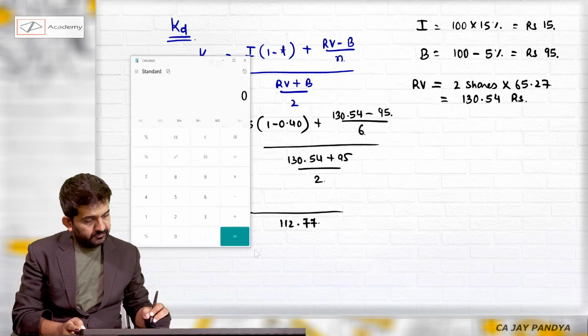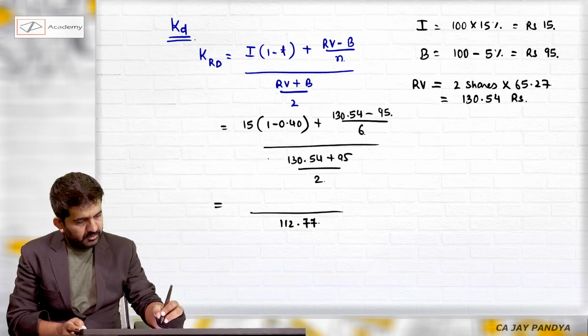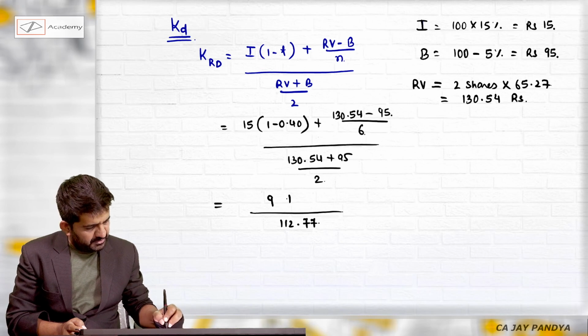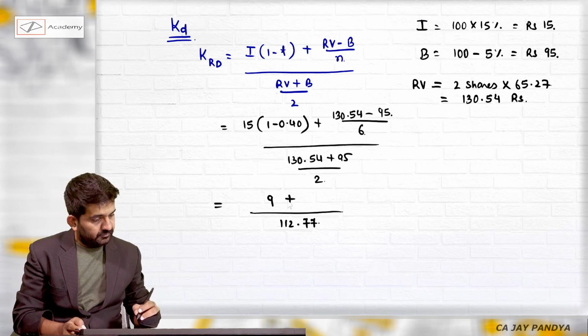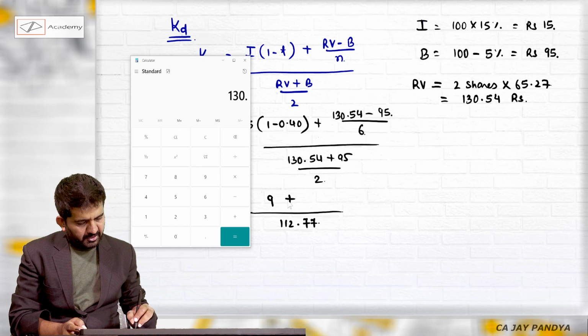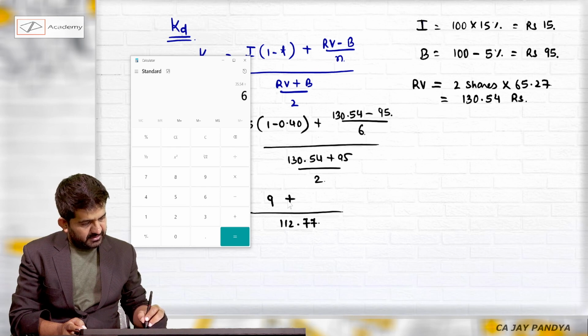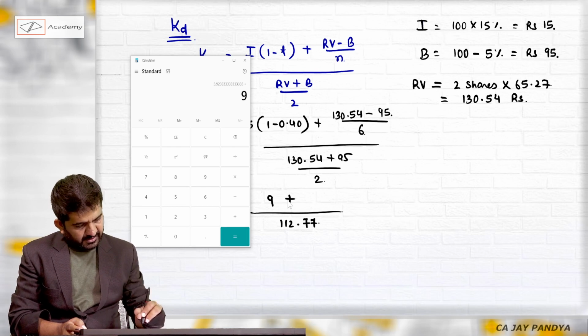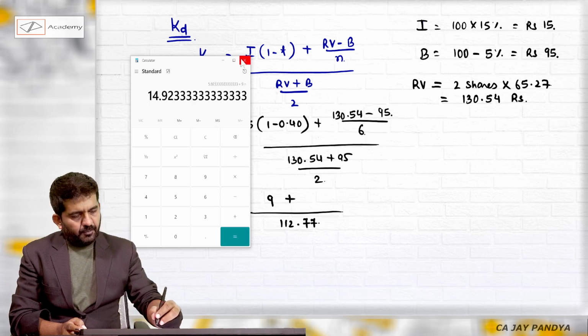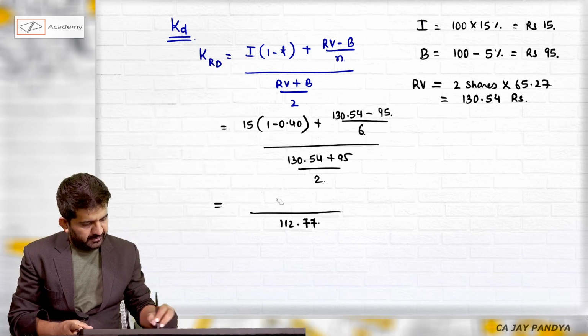Numerator, this will be 9 rupees plus 130.54 minus 95 divided by 6, that is 9 plus 5.923, 14.923 is numerator.